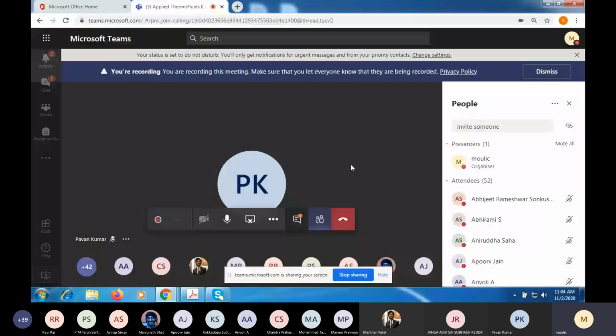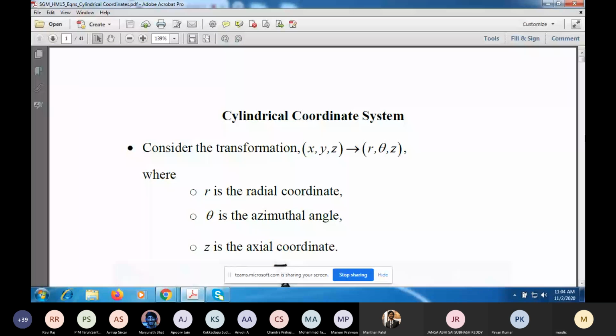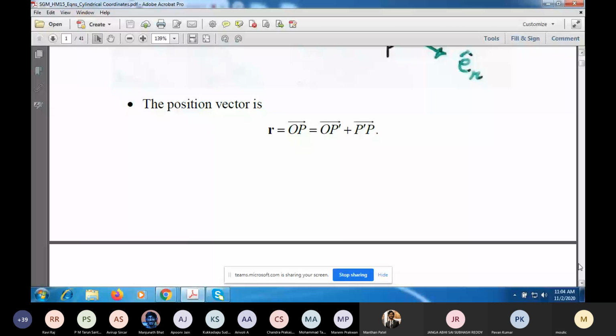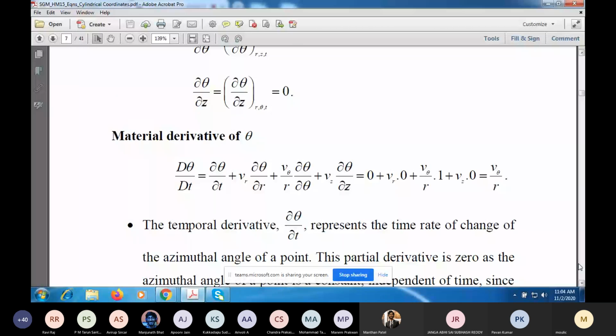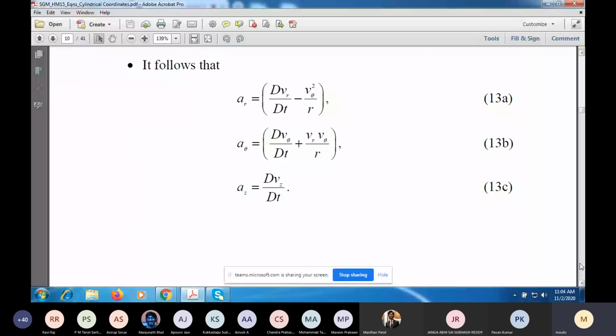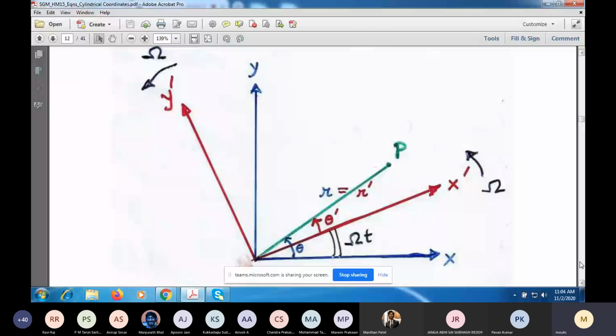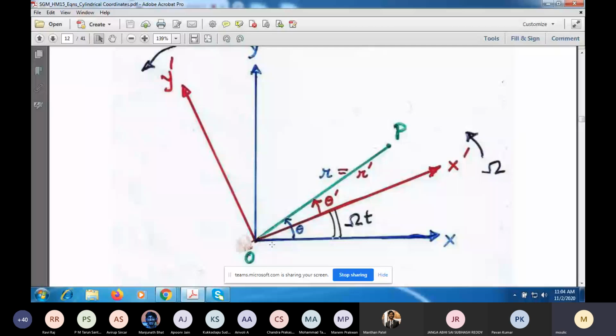Alright, so last time we were looking at equations in a cylindrical coordinate system, and since we are dealing with rotating machines, it is useful to consider the equations in a frame of reference which is rotating. So this figure shows a stationary frame in blue, OXY.